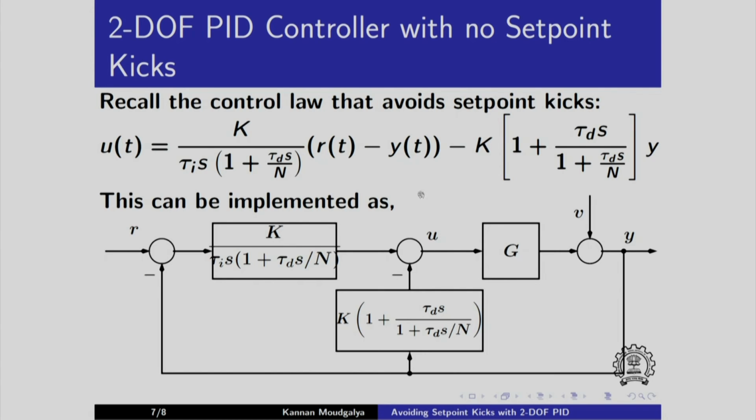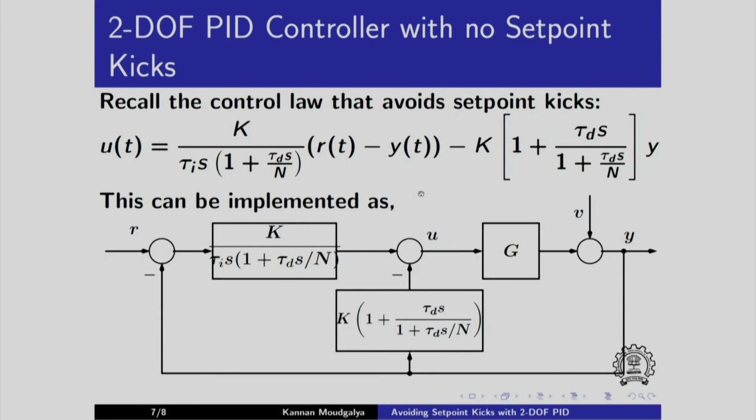So u equals the first term given here: what you have in front of r minus y is inside this box, and then r minus y comes here, this is r minus y multiplied by this box, it gives you this first term and that comes here. The second term is whatever is inside this box multiplied by y, which is the second term, that is u. So this schematic indeed implements this control law.